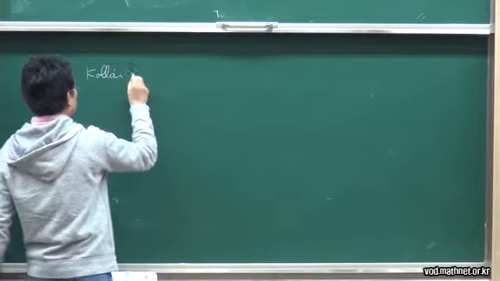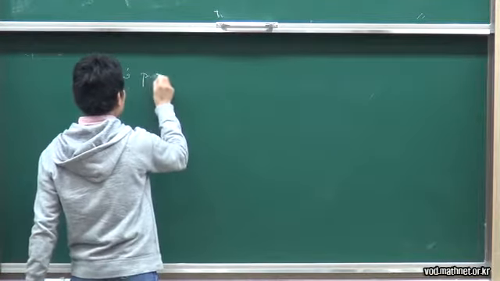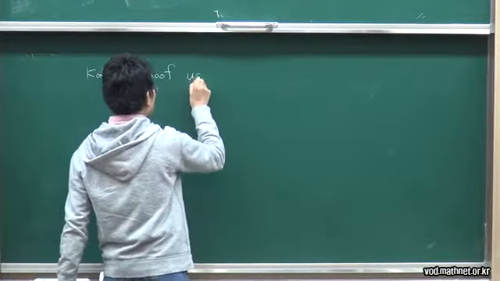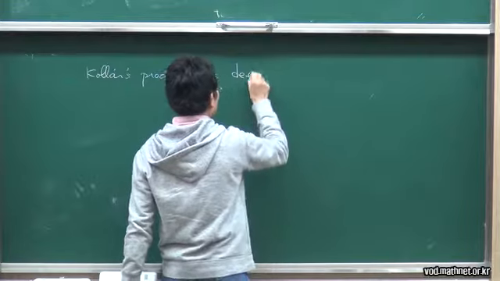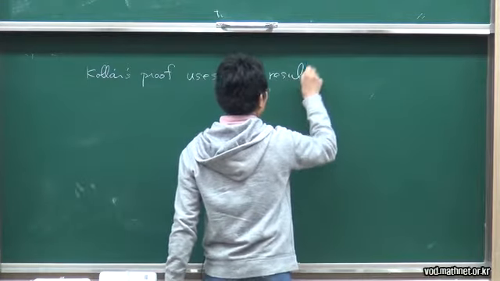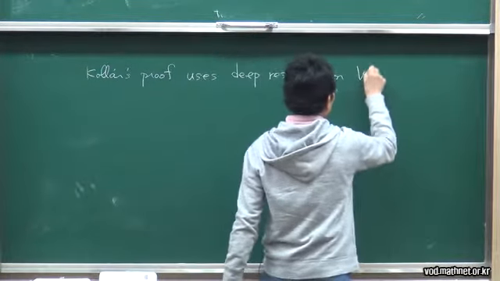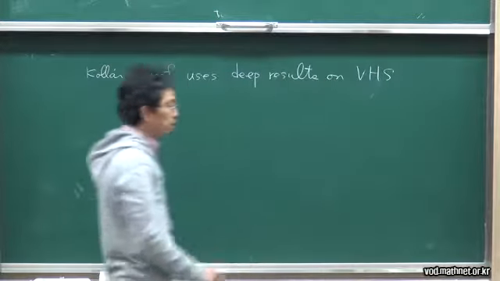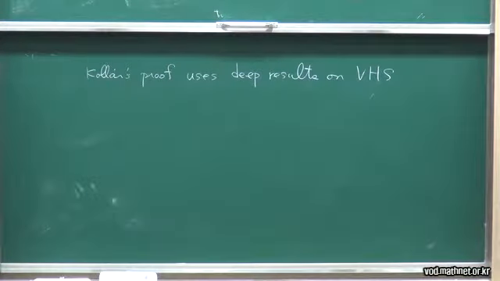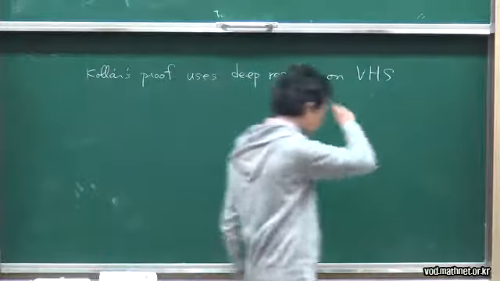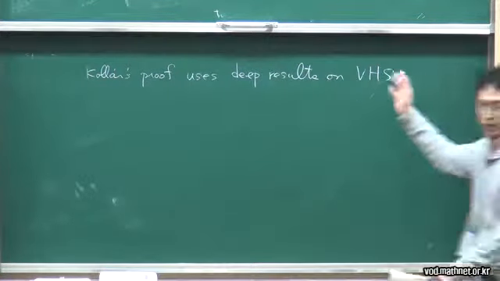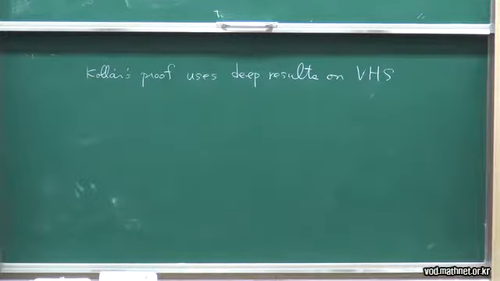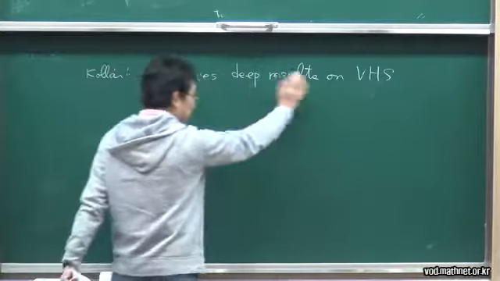Kollár's proof uses deep results on variation of Hodge structure. Very difficult. So he needs very difficult results in the paper by Cattani, Kaplan, Schmid. So for us it is very difficult to understand everything.